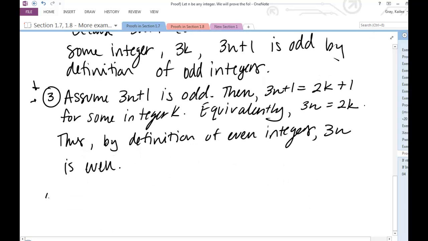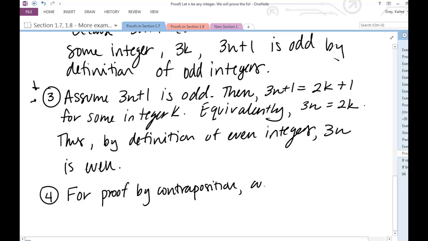Okay, so let's think about statement number 4. Let's just make clear to our reader that we're using proof by contraposition here. We are trying to prove the contrapositive of whatever is being proved in this little paragraph. So I'm going to start by saying, for proof by contraposition, assume, what was our assumption?